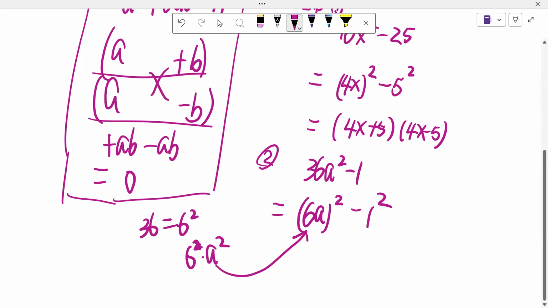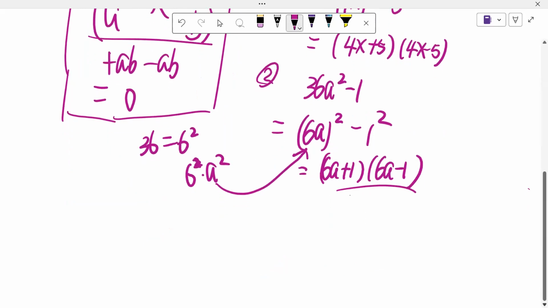Now this is a squared minus b squared, so a plus b, a minus b: 6a plus 1, 6a minus 1. Any question about this? Okay, now let's look at one more.